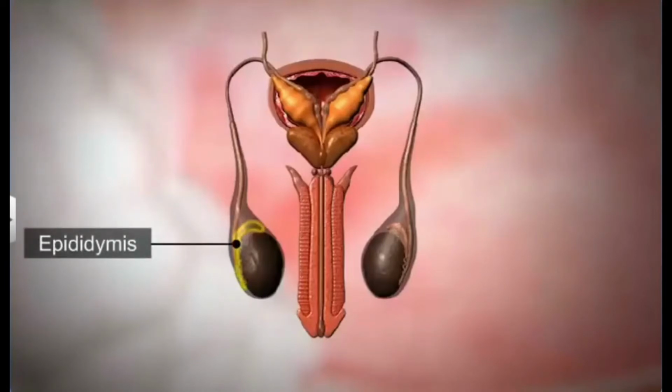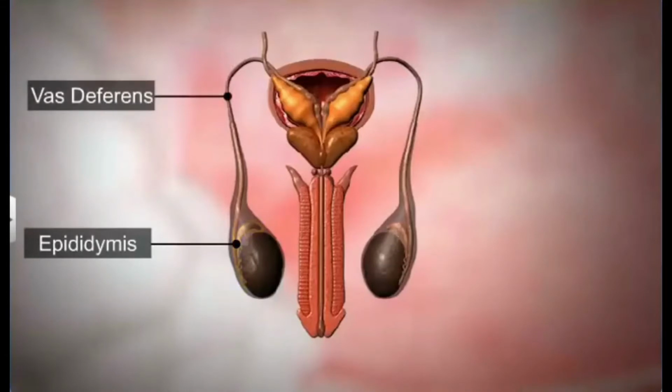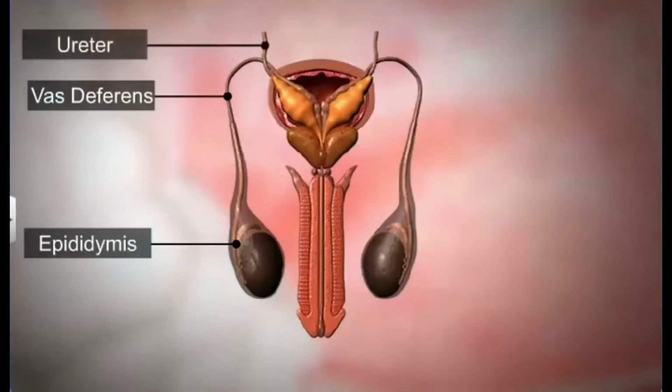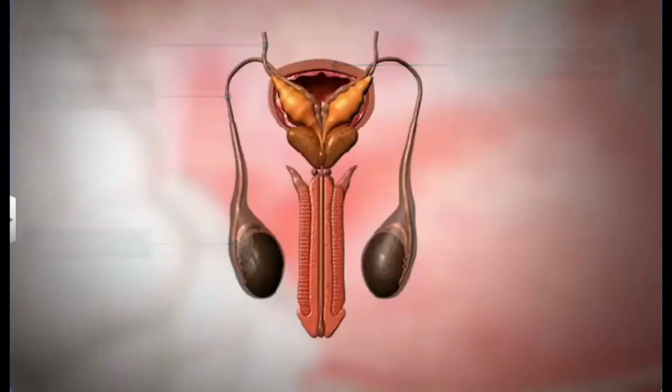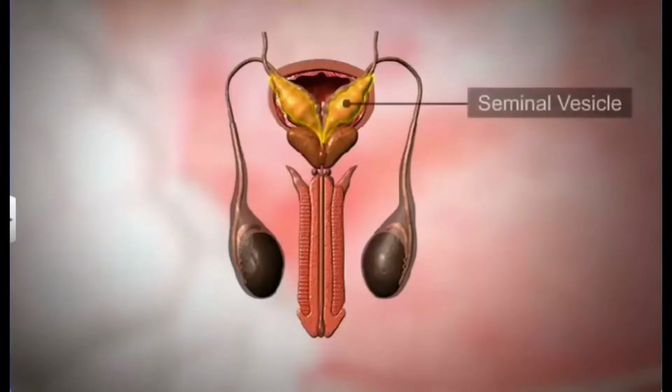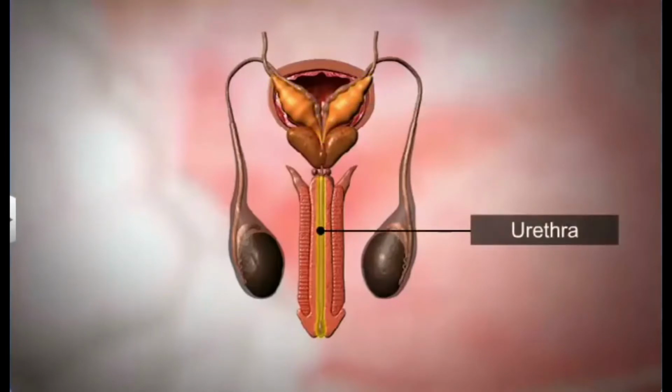The epididymis leads to the vas deferens that ascends into the abdomen and curves around the ureter. This loops over the urinary bladder. It extends backwards and receives the duct from the seminal vesicles and finally opens into the urethra as an ejaculatory duct.